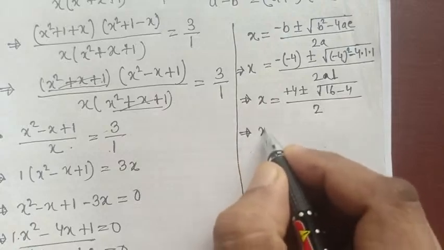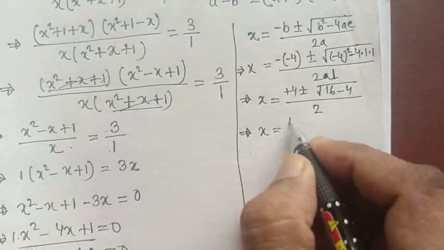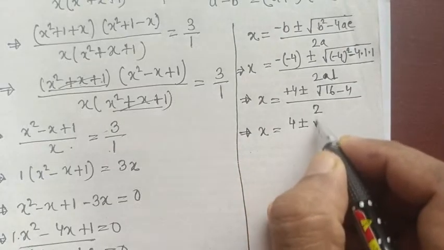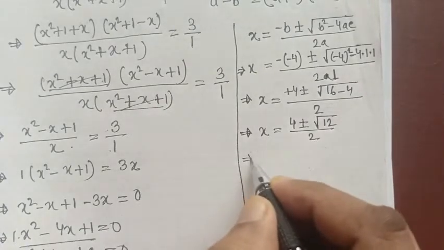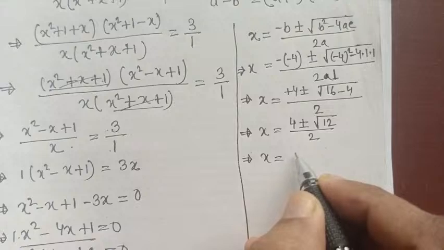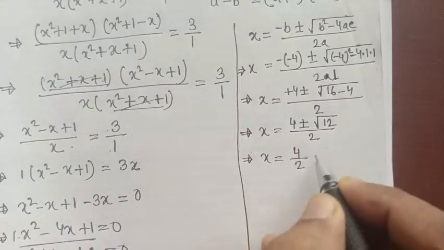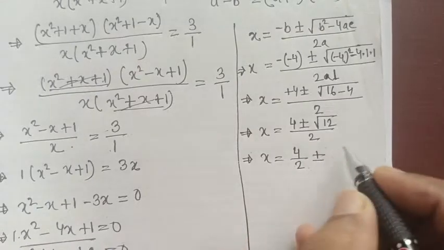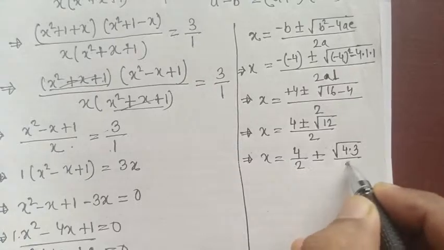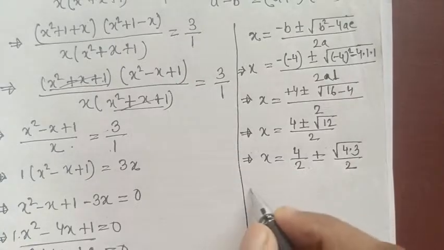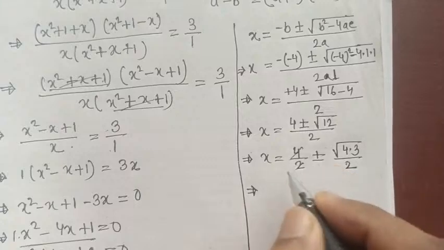Therefore x is equal to 4 plus minus root 12 by 2. Therefore x is equal to 4 by 2 plus minus root of 4 into 3 by 2. So therefore this will cancel out.